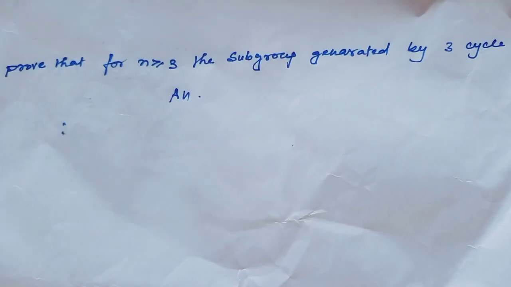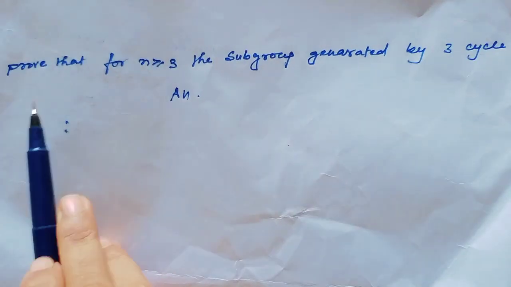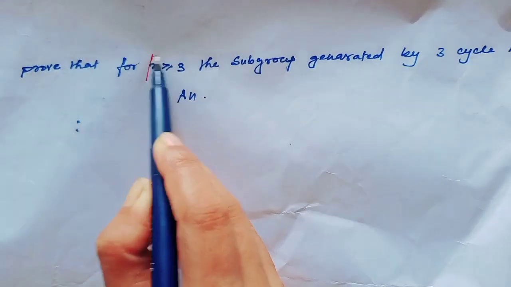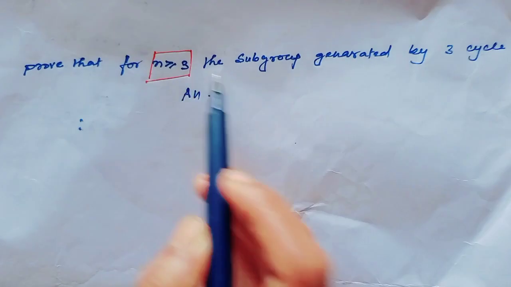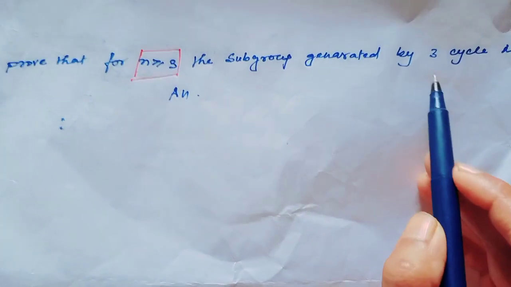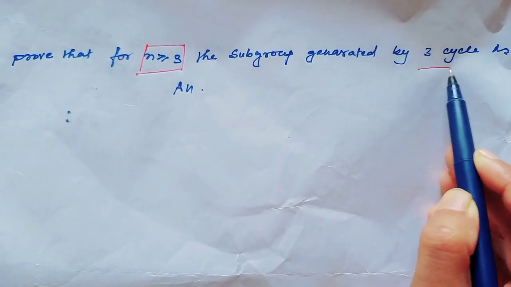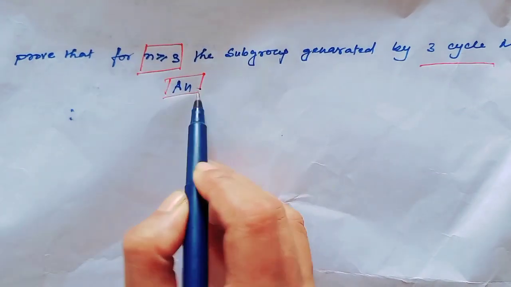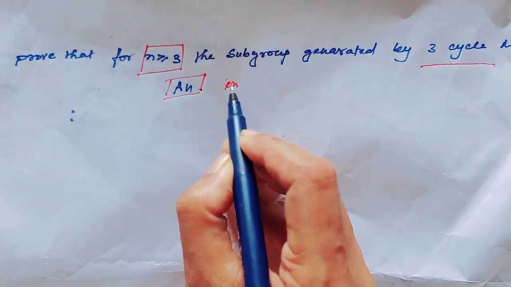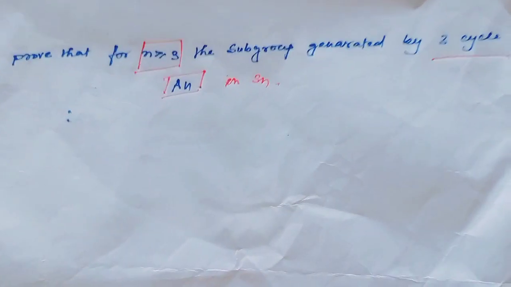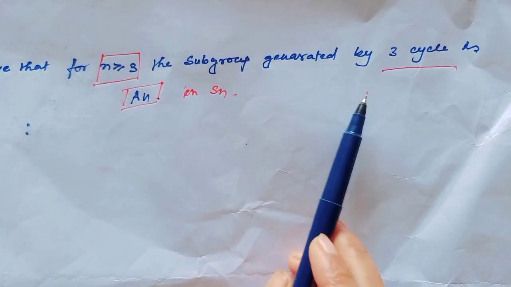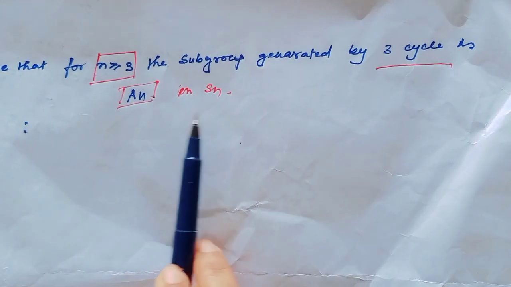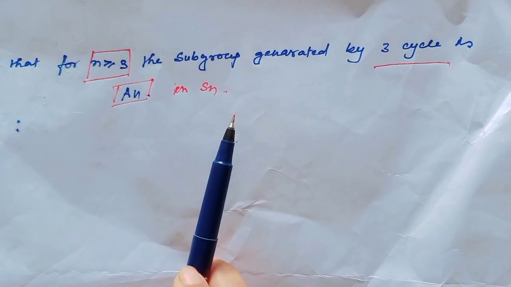Now I will show another type of exercise. Prove that for all n greater than or equal to 3, the subgroup generated by 3-cycles is nothing but An in the permutation group Sn. Hence, the subgroup generated by 3-cycles is An in the permutation group Sn.